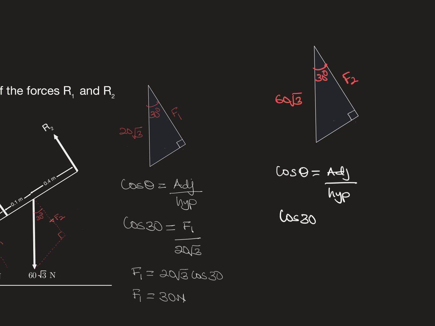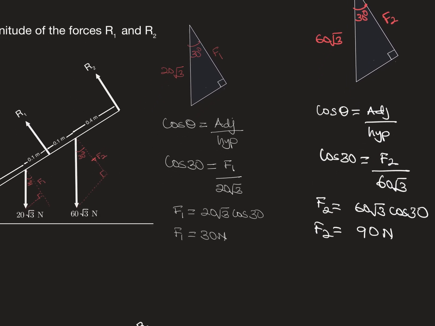Cos of 30 is equal to the adjacent, which will be F2, over the hypotenuse, which will be 60 root 3. If you cross multiply, F2 will be 60 root 3 cos 30. Then F2 will be 90 newtons.